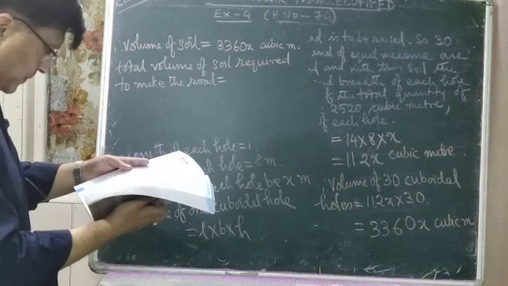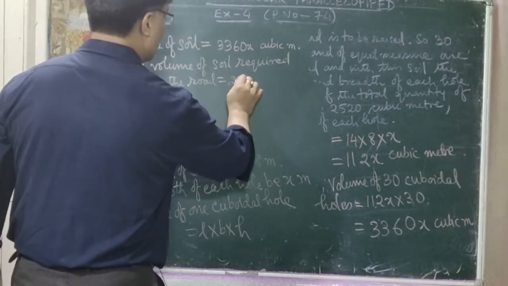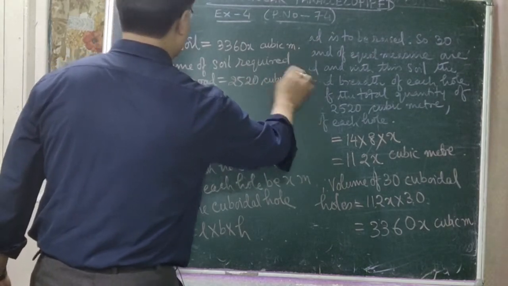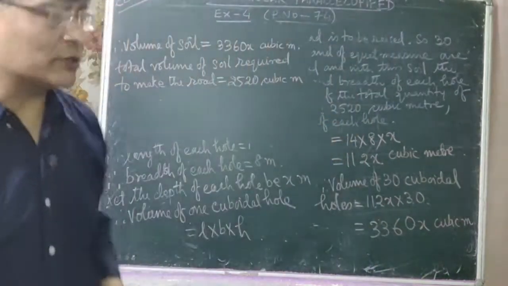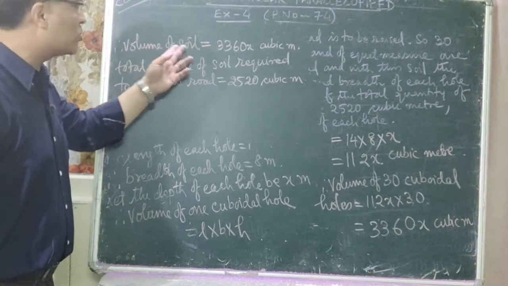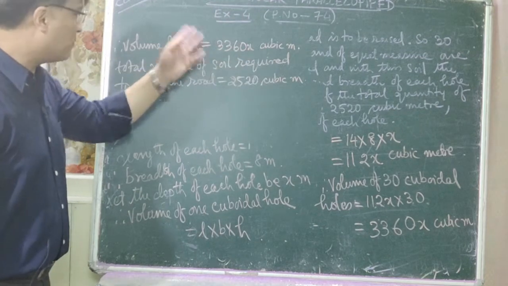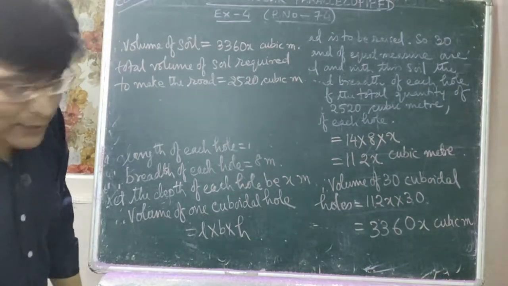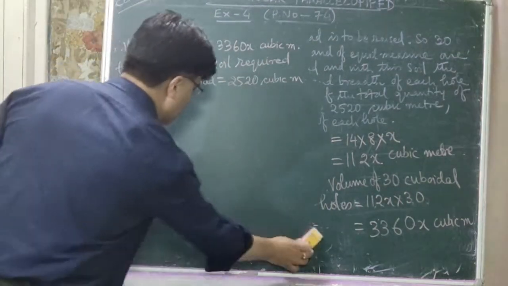It is given as 2520 cubic meter. तो यो चाहिँ क्वेशन ले दियो हैन त हामीले निकालेको चाहिँ कति हो, total volume of the soil required 3360x cubic meter but by question volume of the soil required is this much, 2520 cubic meter. That means these two must be equal, so you can equate these two now.